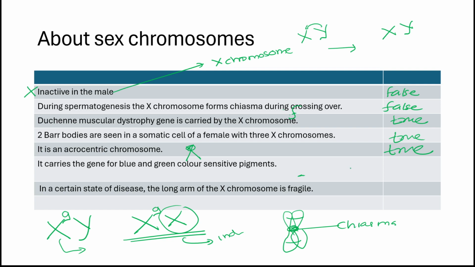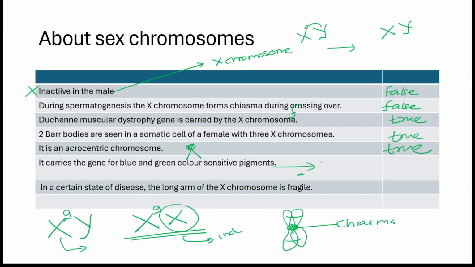The other statement that we are looking at would be that it carries the gene for the blue and green color sensitive pigments. Now, if you can remember, there's a separate disease which is known as red-green color blindness. Again, dependent on X, they're dependent on some of the genes that are located within the X chromosomes, and if they are deficient or not present in such a way, there will be problems identifying both red and green.